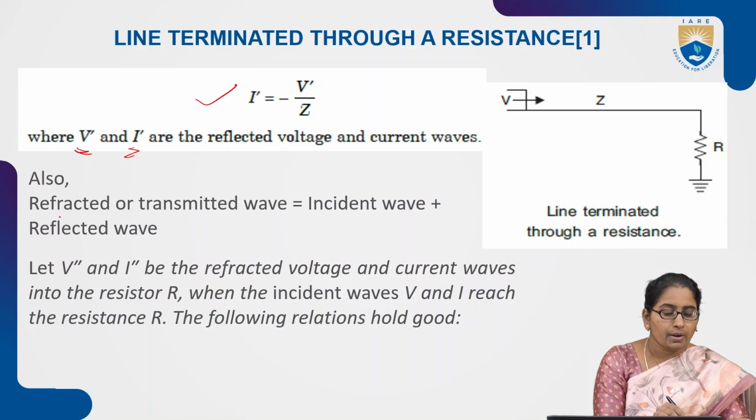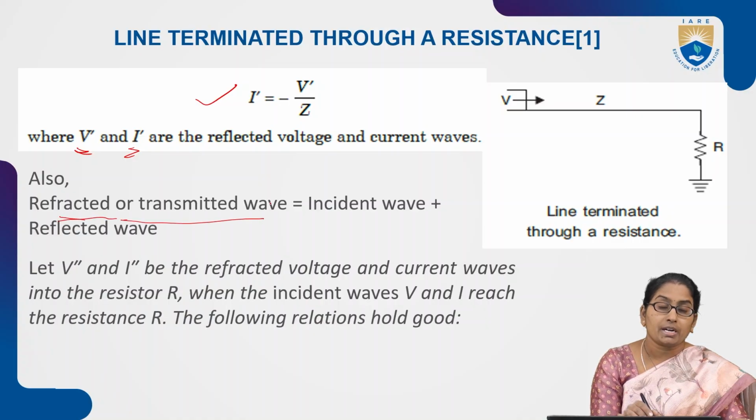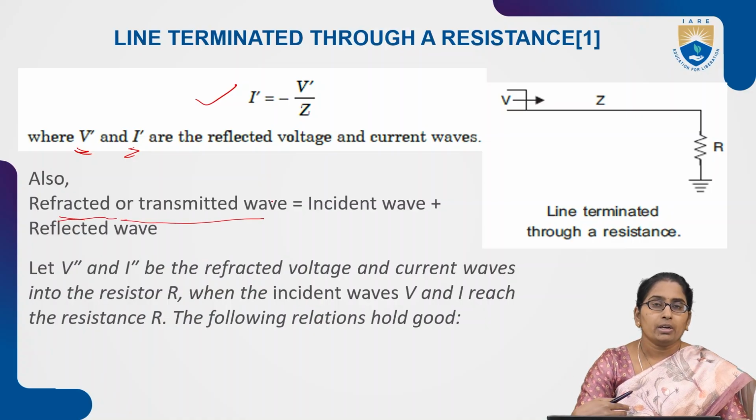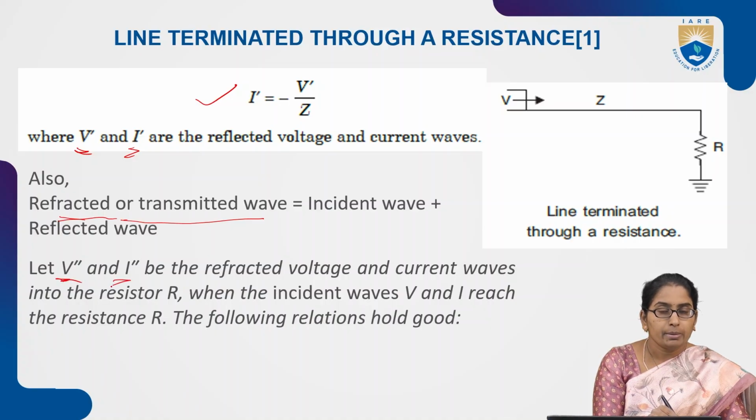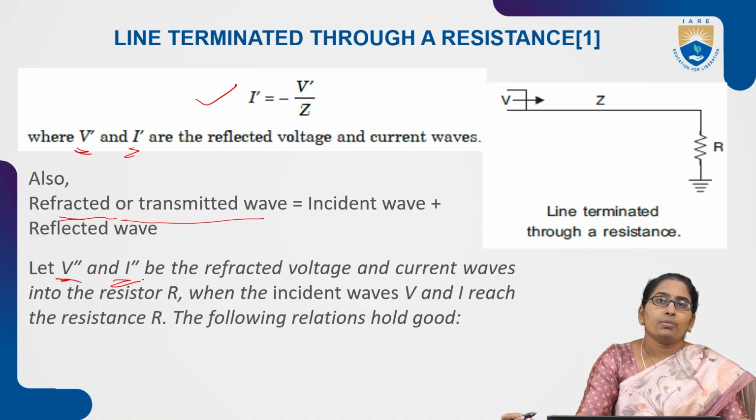Now the refracted or transmitted wave is given by the sum of the incident wave and the reflected wave. Consider V double dash and I double dash as the refracted voltage and current waves into the resistor. The resistor is at the receiving end.